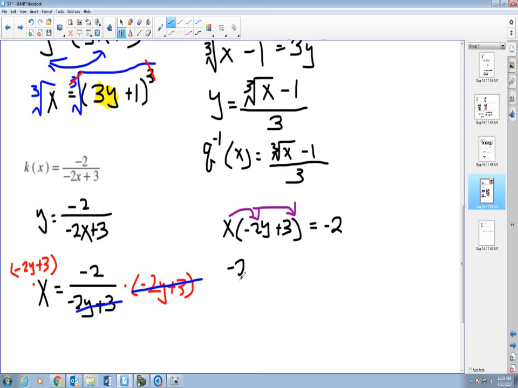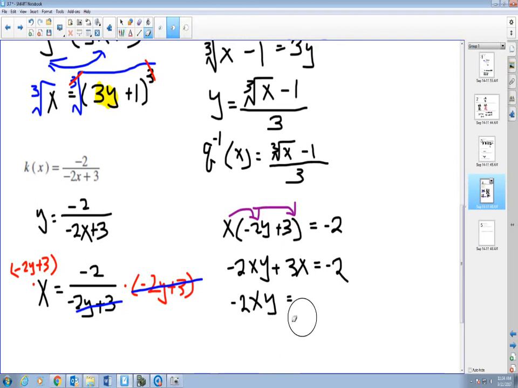So that'll be -2xy plus 3x equal to -2. Now to get my variable term by itself, because I'm solving for y, move my 3x over. So that will be -2xy equal to, you know what, I'm not going to do that. I'm going to flip it. I'm going to move my -2xy over, bring my -2 back. So I get positive 2xy equal to 3x plus 2.